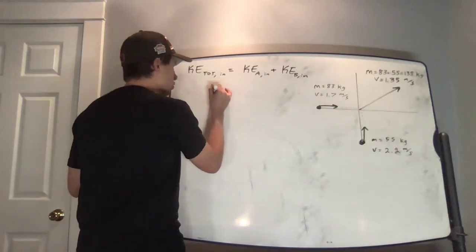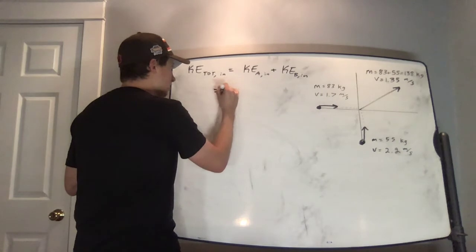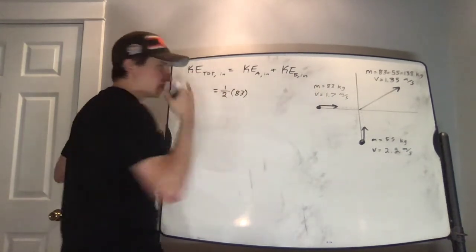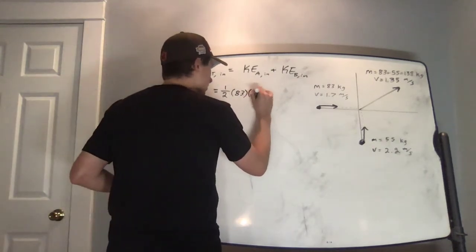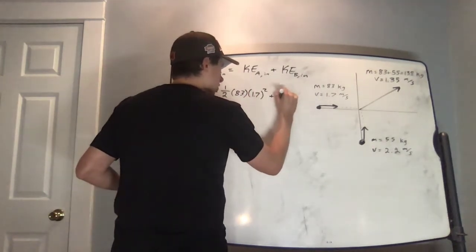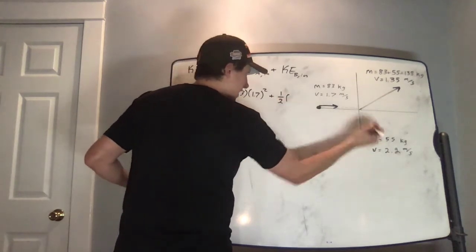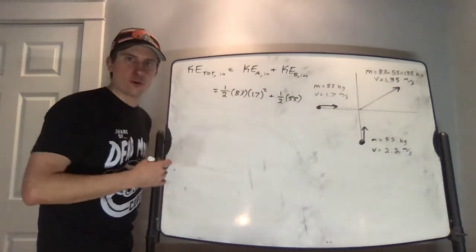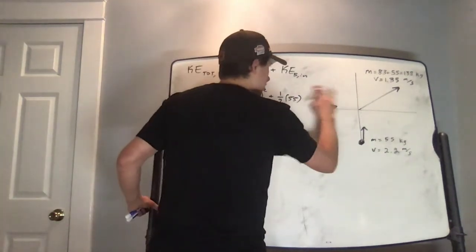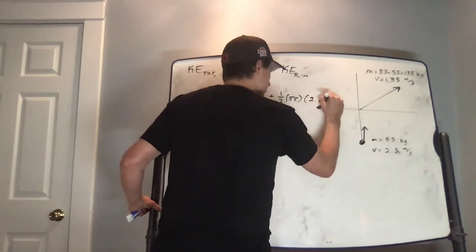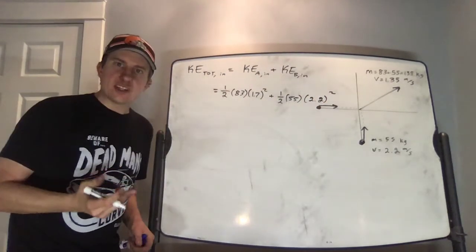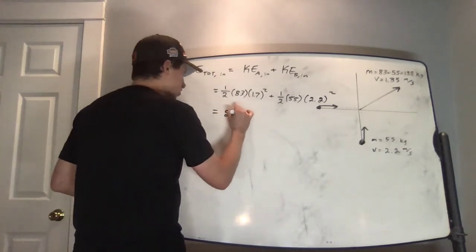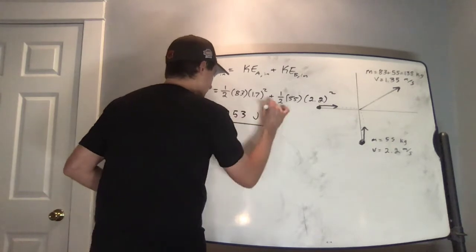So I could write the total initial kinetic energy as 1/2 times Alfred's mass, 83, times Alfred's initial speed, 1.7 squared, plus 1/2 times Barbara's mass, 55, times Barbara's speed squared before the collision, and that would be 2.2 squared. If I put these numbers into a calculator, I find the total initial kinetic energy is 253 joules.